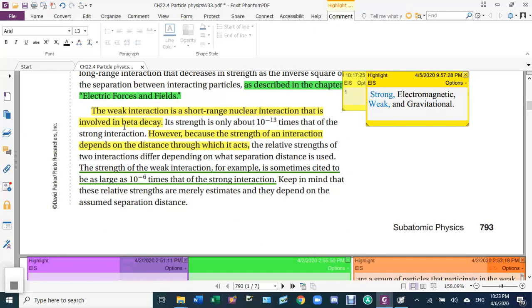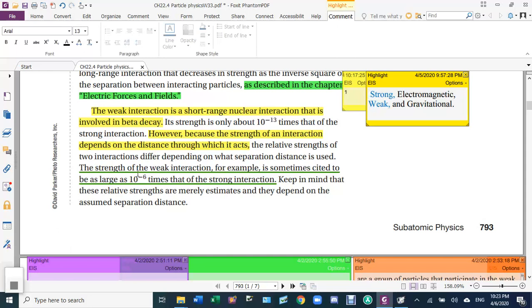The third, the weak interaction, is a short-range nuclear interaction that's involved in beta decay. Its strength is only about 10 power minus 13 times that of the strong interaction, because the strength of an interaction depends on the distance through which it acts.